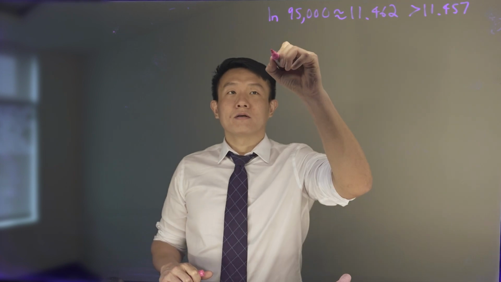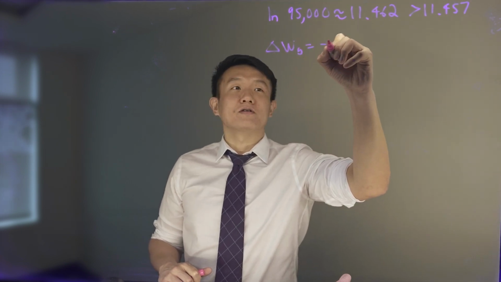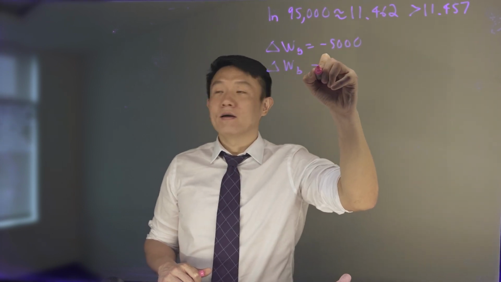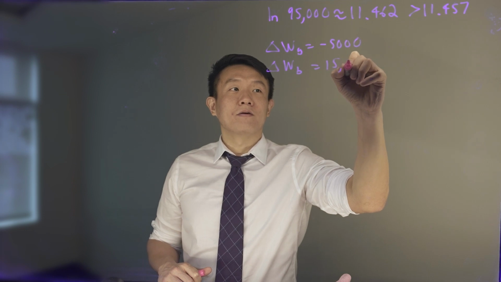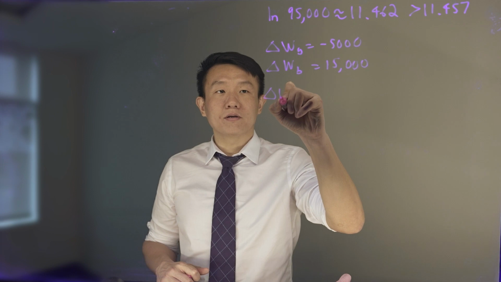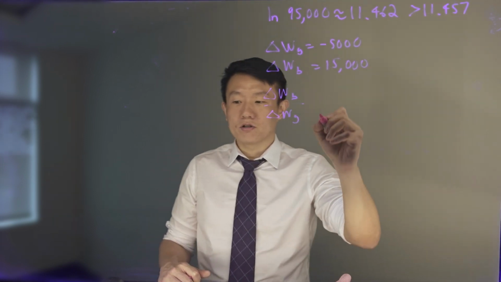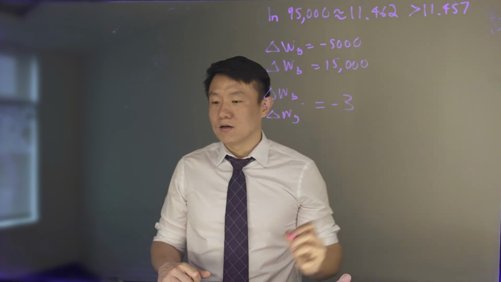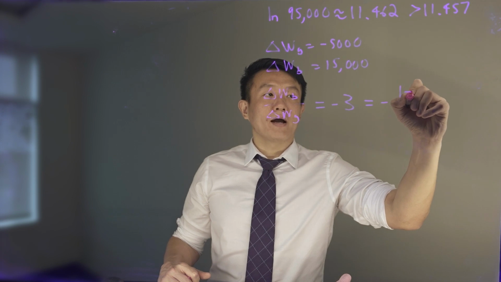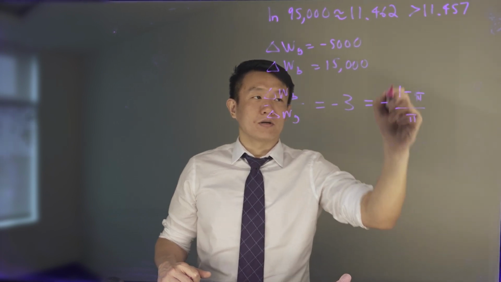In order to do this, they're going to sell 5,000 shares of the good asset and buy 15,000 shares of the bad asset. And so delta WB over delta WG is going to equal -3, which not coincidentally is also equal to -(1 minus π) over π, so the odds ratio.